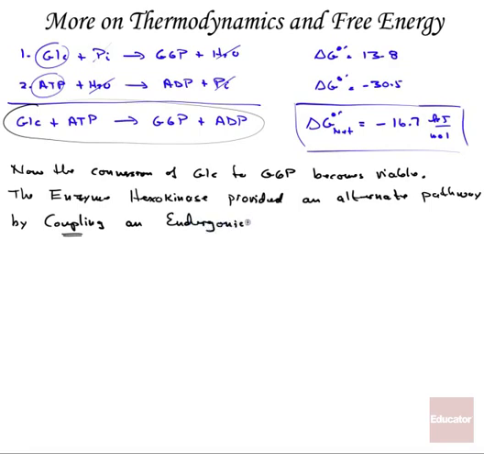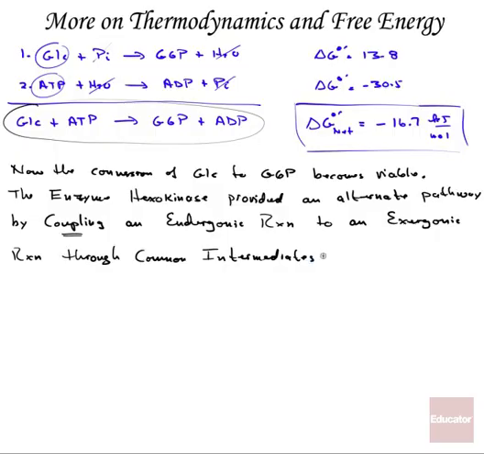an endergonic reaction, reaction number 1, to an exergonic reaction, reaction number 2, through common intermediates. We're going to use the energy available here to compensate for the fact that there's not enough energy there.